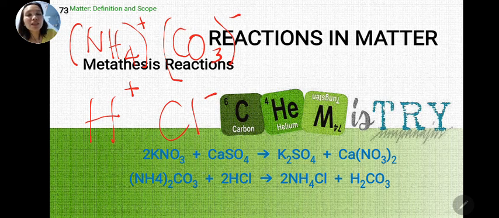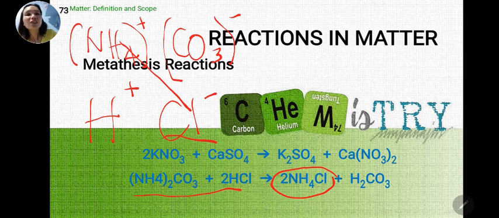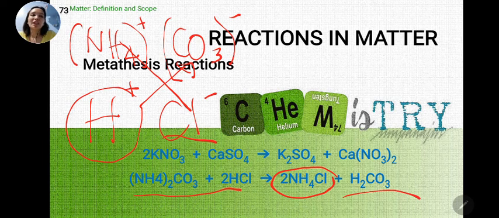So dito sa metathesis reaction nito, ang mangyayari, magsuswap sila. Si NH4 or ammonium ion mapupunta kay chloride ion. Here, this one, ammonium chloride. And then si hydrogen ion ay mapupunta naman kay carbonate. So we have hydrogen carbonate ion. Okay?